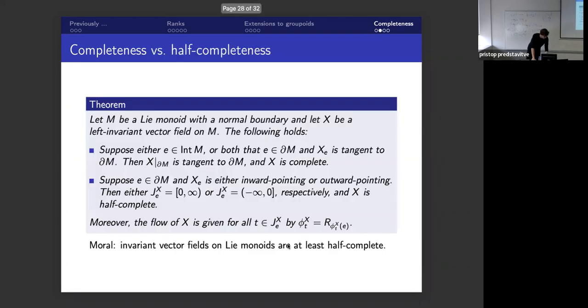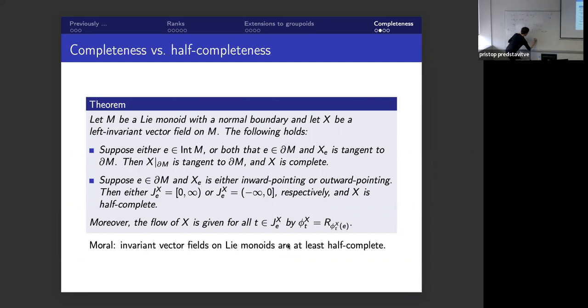And indeed, if we are given a Lie monoid that has a normal boundary, I'm going to stop here and first decipher what a normal boundary is.